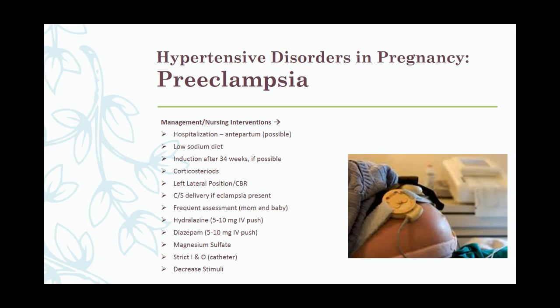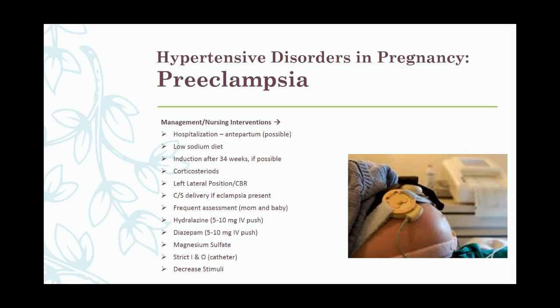If the person has eclampsia, so if this person has already moved into seizing, we will deliver via a C-section immediately. There'll be a stat C-section if they start to seize. We want to do frequent assessments of the mom and the baby. Hydralazine is a drug that we may use. We can give 5 to 10 milligrams IV push. We might also use diazepam if they begin to seize, 5 to 10 milligrams IV push.